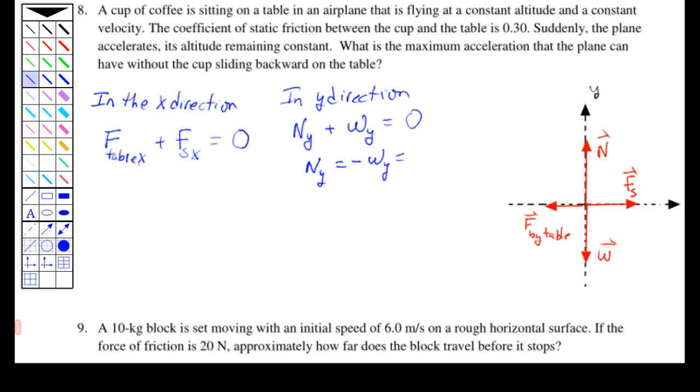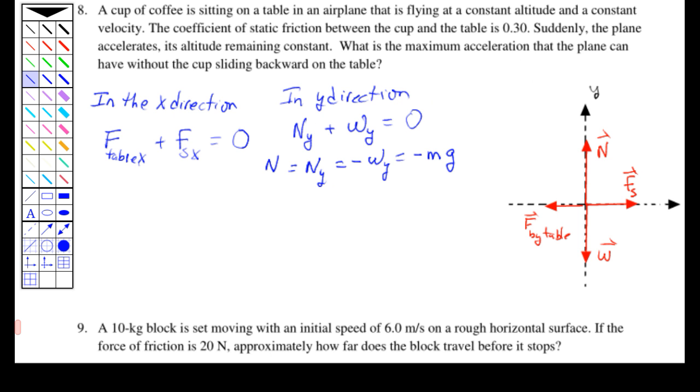The weight is mass times the acceleration due to gravity, so we have minus mg. And because the normal force is just upwards, there's no x component, this is actually equal to the magnitude of the normal force.